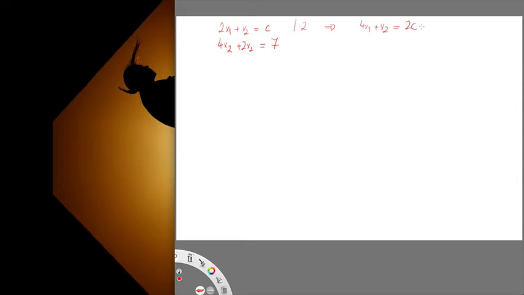So if 2c is different from 7, then I will have 2 parallel lines, essentially. So I will have the same slope but a different starting point, and these two parallel lines don't intersect, so there is no solution. So graphically, if 2c is different from 7, then these are two parallel lines that don't intersect, so I don't have a solution.